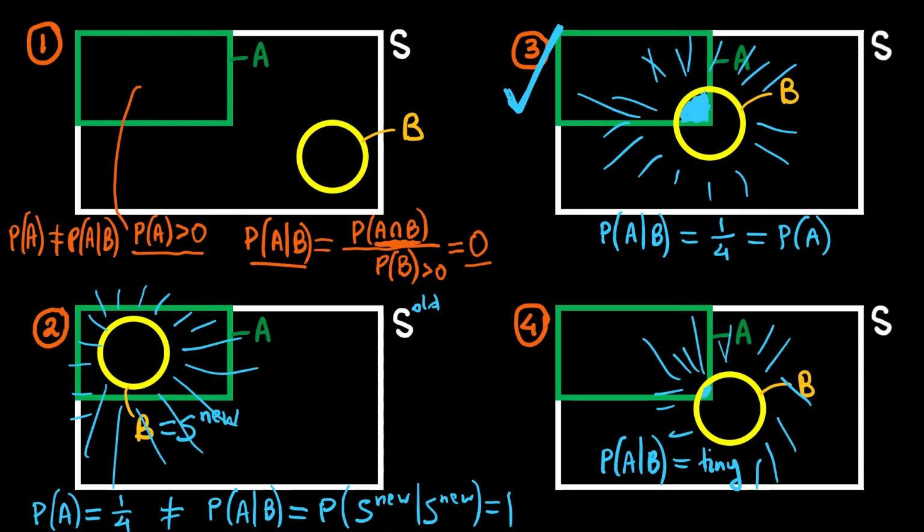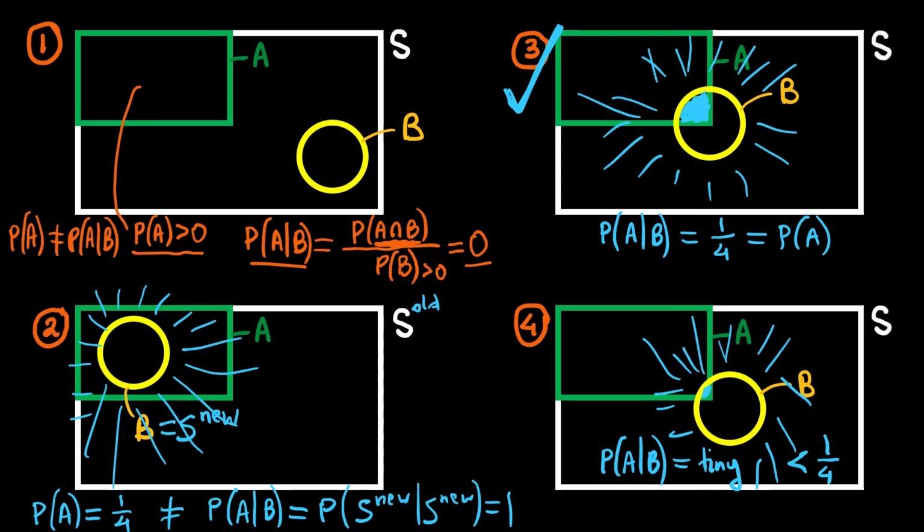Now it's just a ratio of the area of the intersection of A and B to the area of B, and that'll be tiny, so definitely less than 1/4. So we know that the probability of A given B will be different than the probability of A, which means that A and B are not statistically independent, so they are dependent. So we have found the correct answer here, and we've seen that disjoint sets or disjoint events are necessarily dependent.